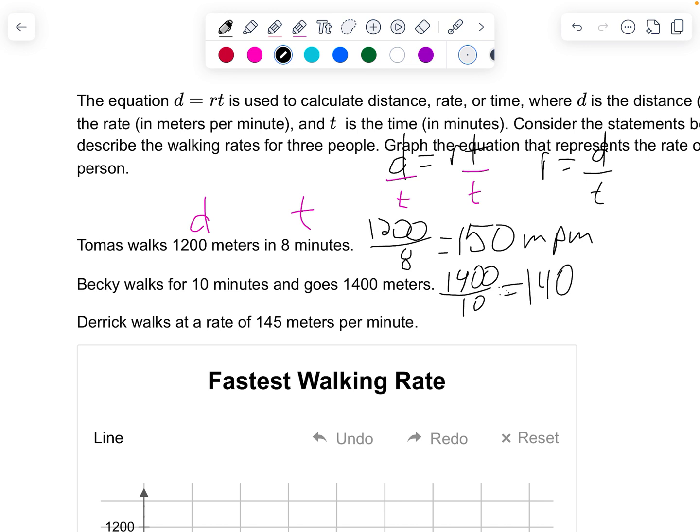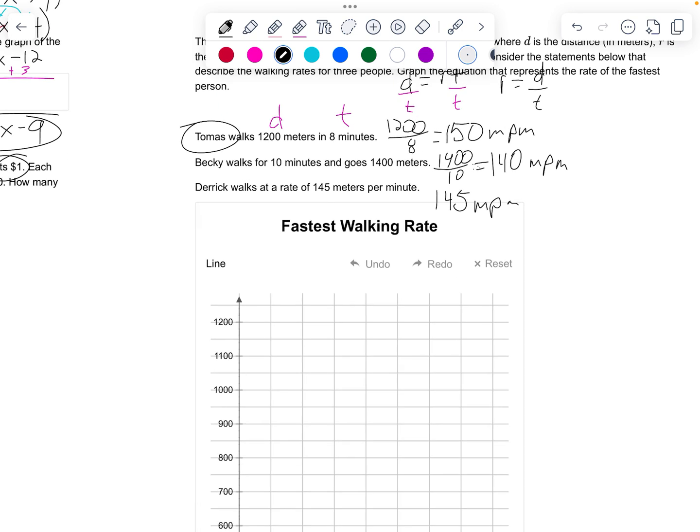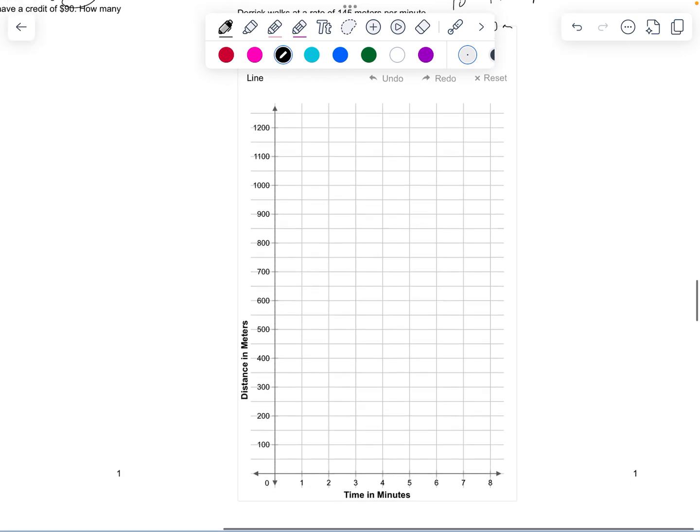So 140 meters per minute. So far, Thomas is faster, okay, because he's going 150 meters per minute, and Becky's going 140. And then this one's just straight. They just tell you, forget it, 145 meters per minute. So obviously Thomas is the fastest, so let's graph it. It's 150 meters per minute.